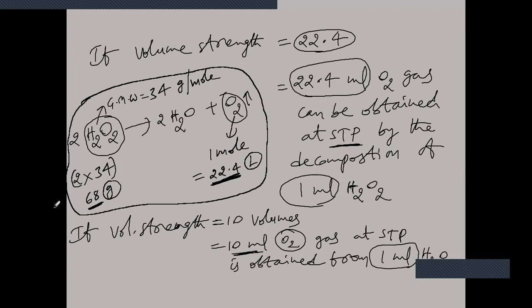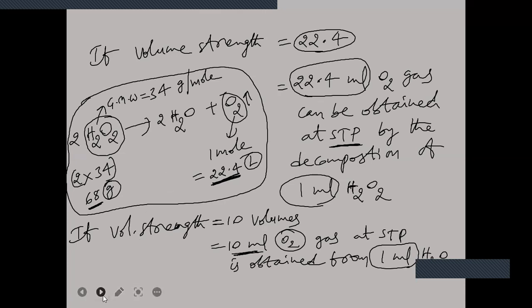Is the concept clear, ma? Yes, sir. Tell me anyone, what is the meaning of volume strength 5? If volume strength of H2O2 is 5, what does it mean? 5 ml oxygen at STP comes from 1 ml H2O2.